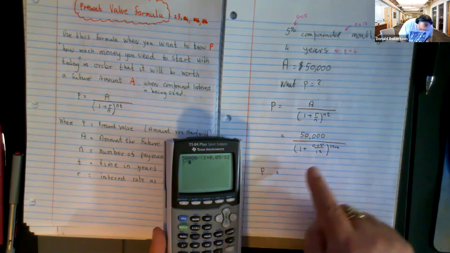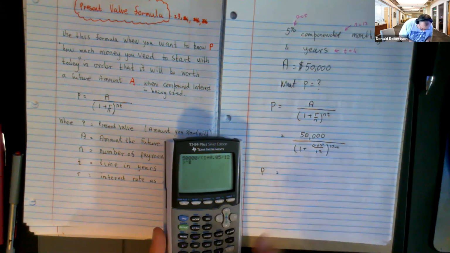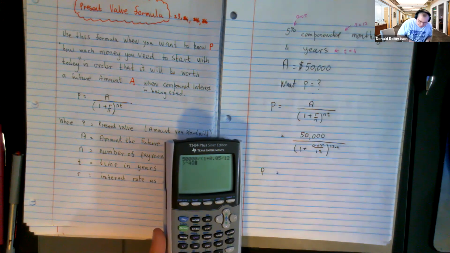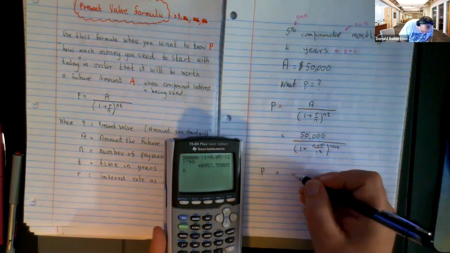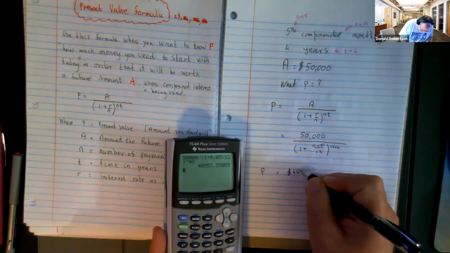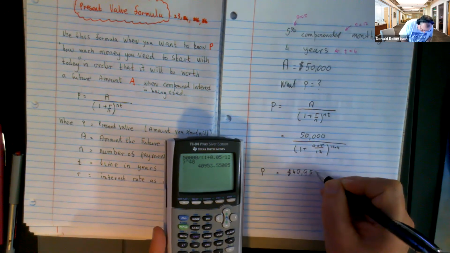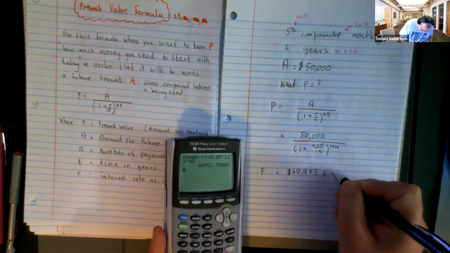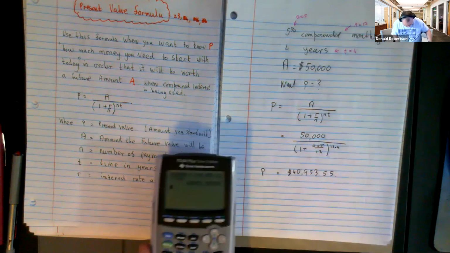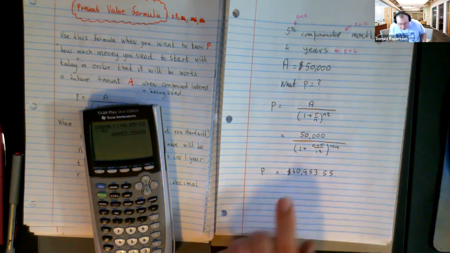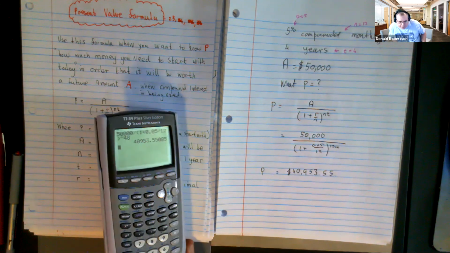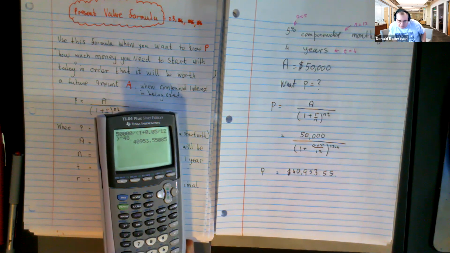If you don't want to do the little brackets for 12 times 4, do 12 times 4 in your head and just write 48. And the answer is that you would need to start with 40,953 to do that, right? 40,953.55.